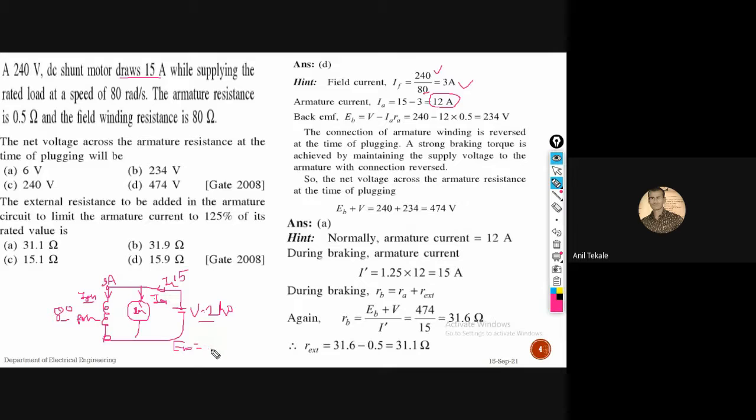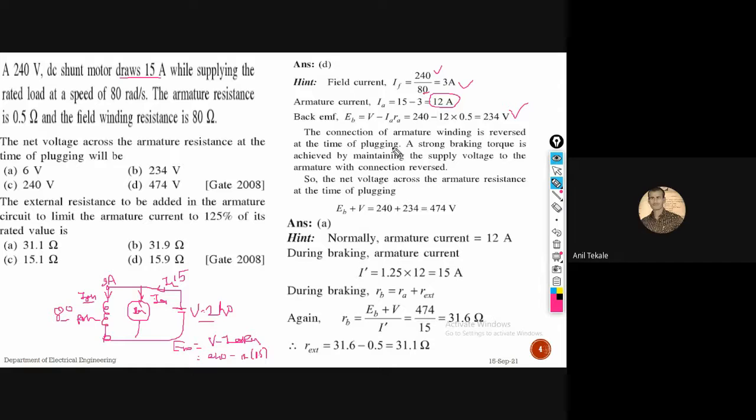Back EMF is equal to voltage minus IaRa. Calculate immediately. Voltage is 240 minus Ia, which is 12, times Ra, which is 0.5. It is an oral calculation, that will be around 234. Am I clear?